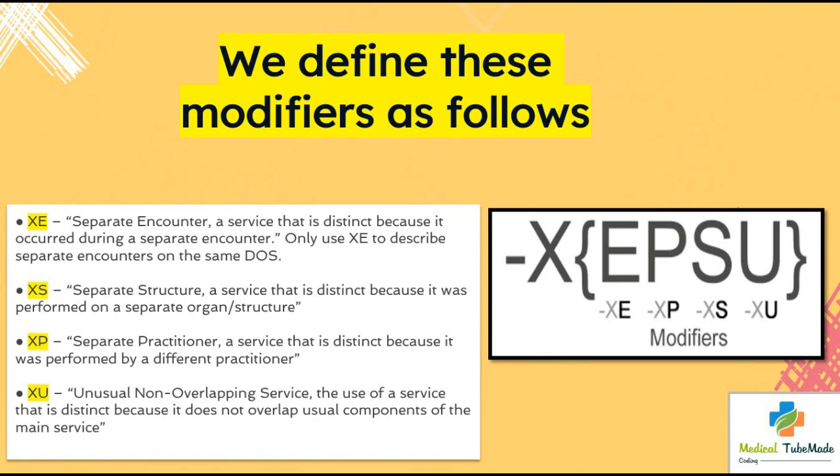And then the fourth modifier is XU, unusual non-overlapping service, the use of a service that is distinct because it does not overlap the usual components of the main service. So guys, on the right-hand side you can see X and in brackets EPSU. So it is common, like EPSU. E means encounter, P means practitioner, S means structure, and U means unusual non-overlapping. So next we will see the examples.